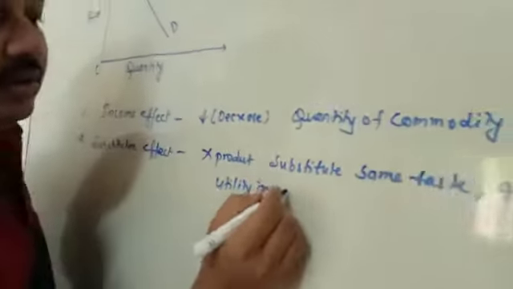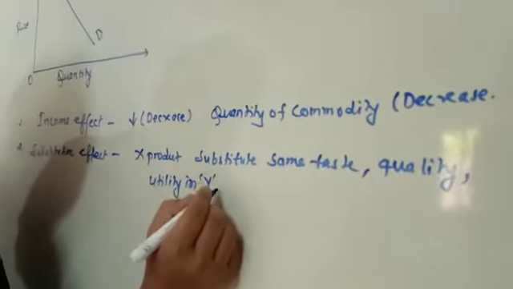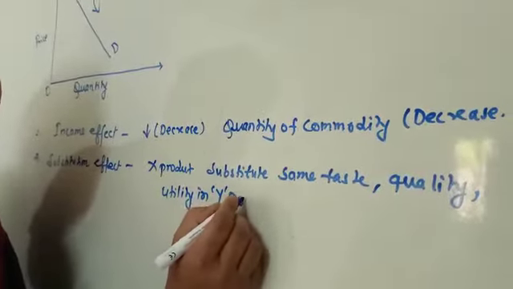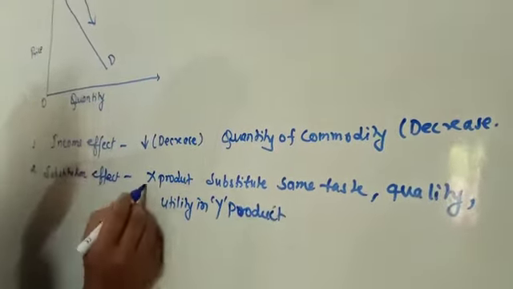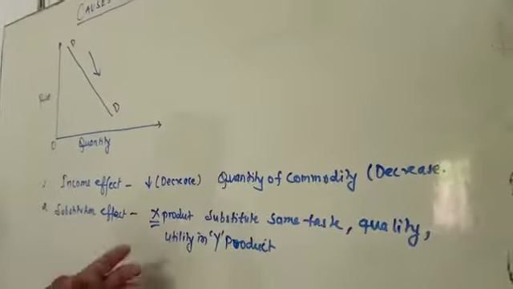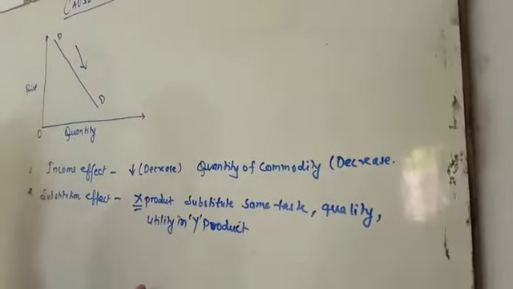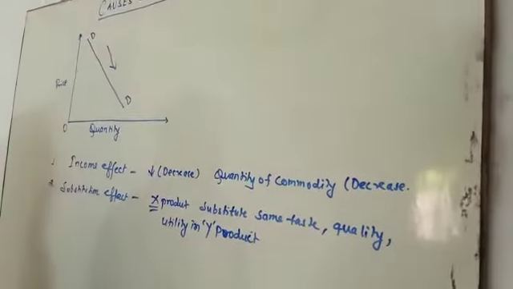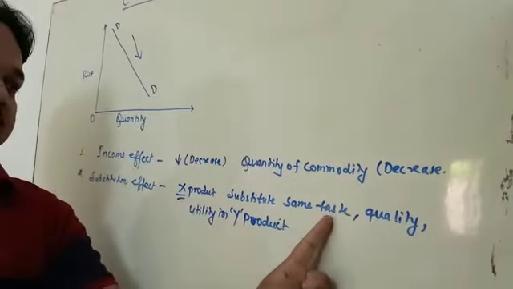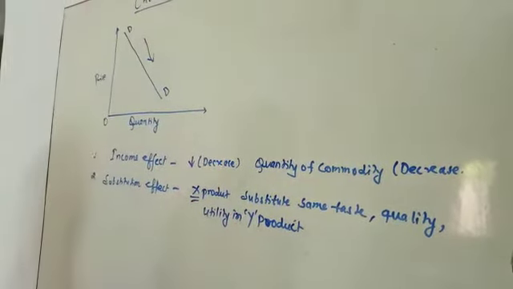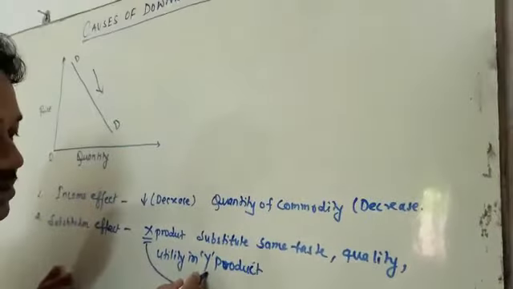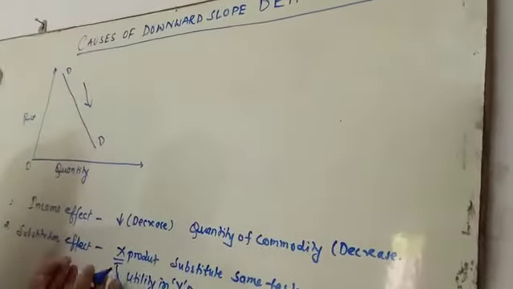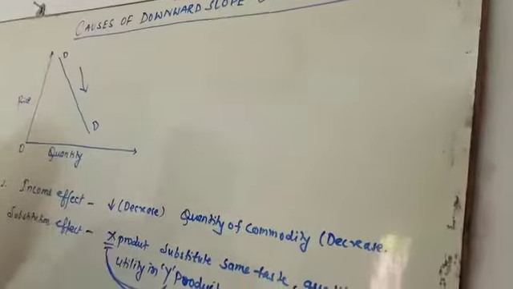Suppose you are using X product, now you are going to substitute Y product because Y also gives the same taste, same quality, utility. The price is going to be changed. You are going to substitute from X product to Y product.